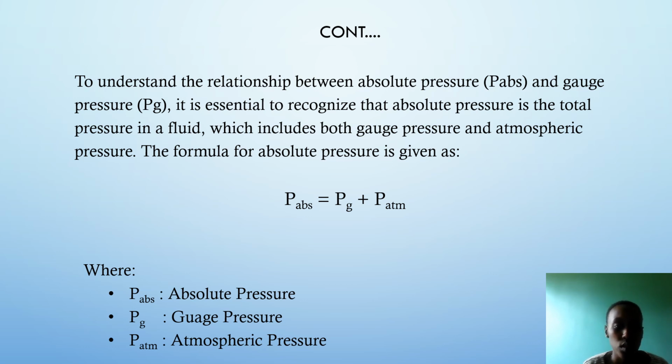So the absolute pressure is the sum of gauge pressure and atmospheric pressure. That is all about absolute pressure. It is the combination of gauge pressure and atmospheric pressure. This is also the link, or relationship, between atmospheric pressure, gauge pressure, and absolute pressure.